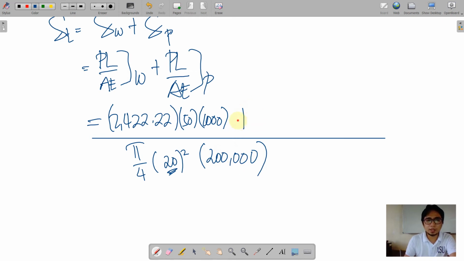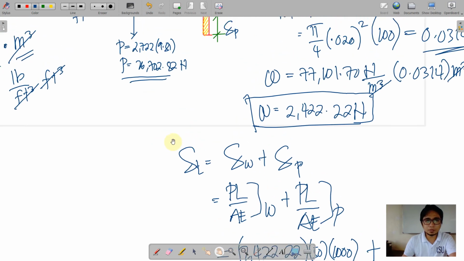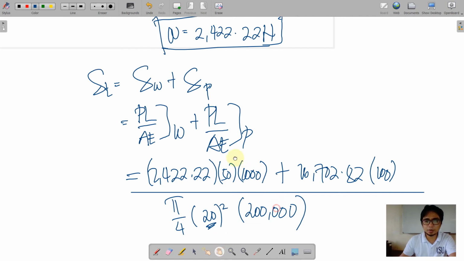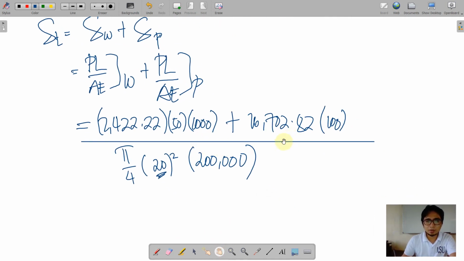And then we add the loading. And the loading is 26,702.82 times the length. This time we are going to consider the whole, or the entire length.